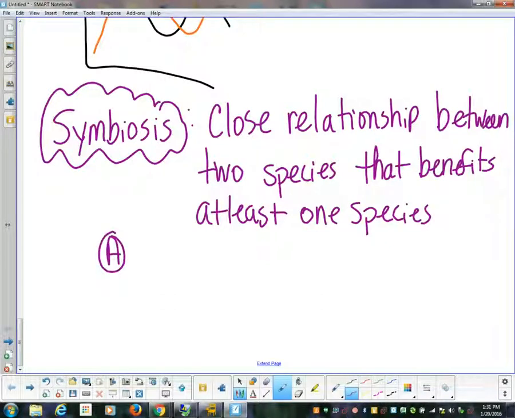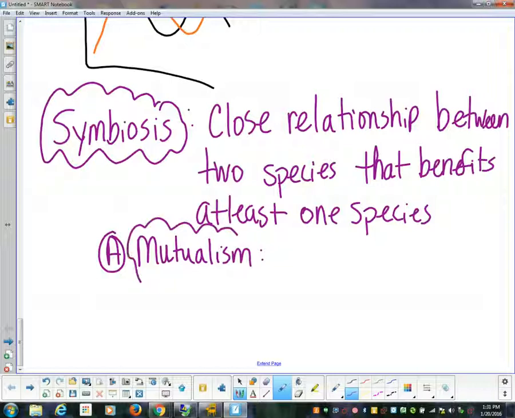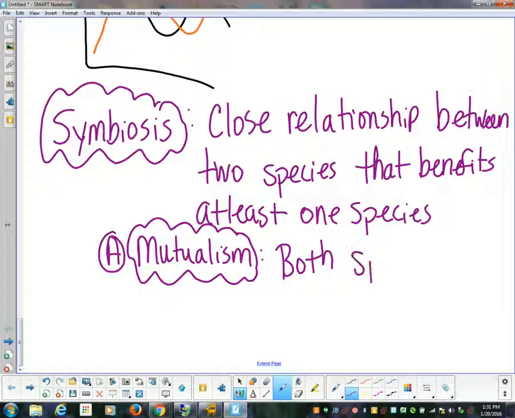Okay, and there are three different types of symbiosis. There is what we call mutualism, which is where both species benefit. Okay, so they both benefit from this.